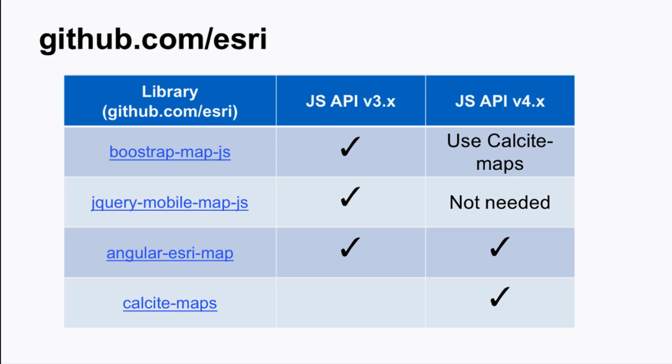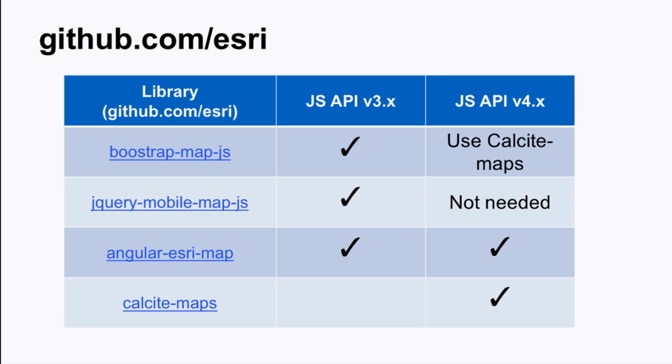Bootstrap map JS has basically been retired at JavaScript API version 3. If you're going to be doing bootstrapping on the JavaScript API, you want to use Calcite Maps like Lloyd demonstrated.